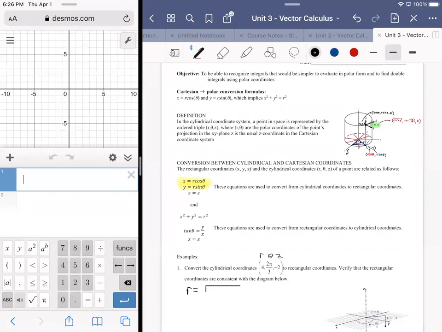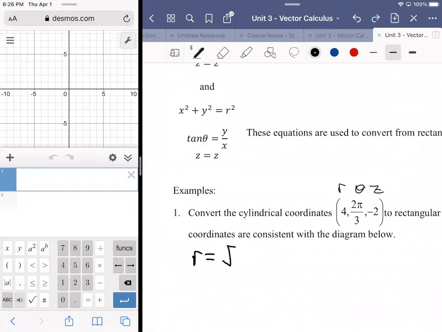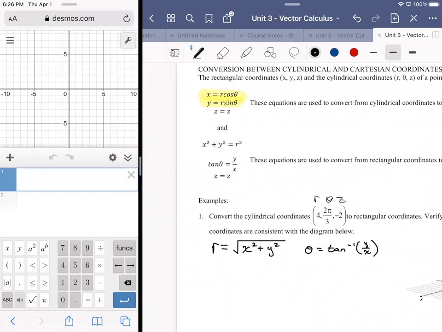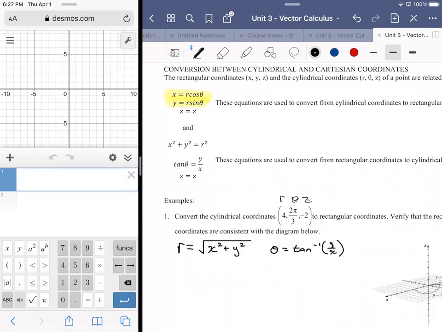We know that theta is the inverse tangent. We know that x is equal to r cosine theta, y is equal to r sine of theta, and z is equal to z.